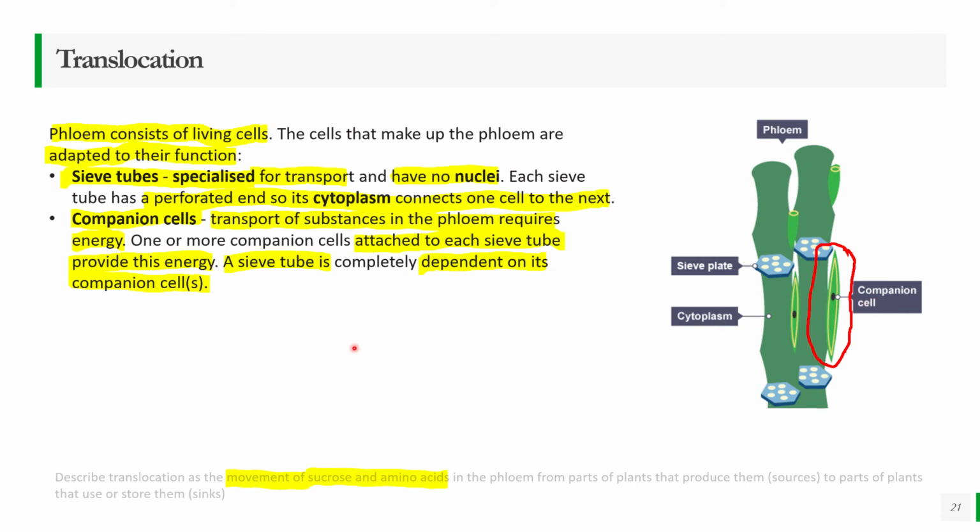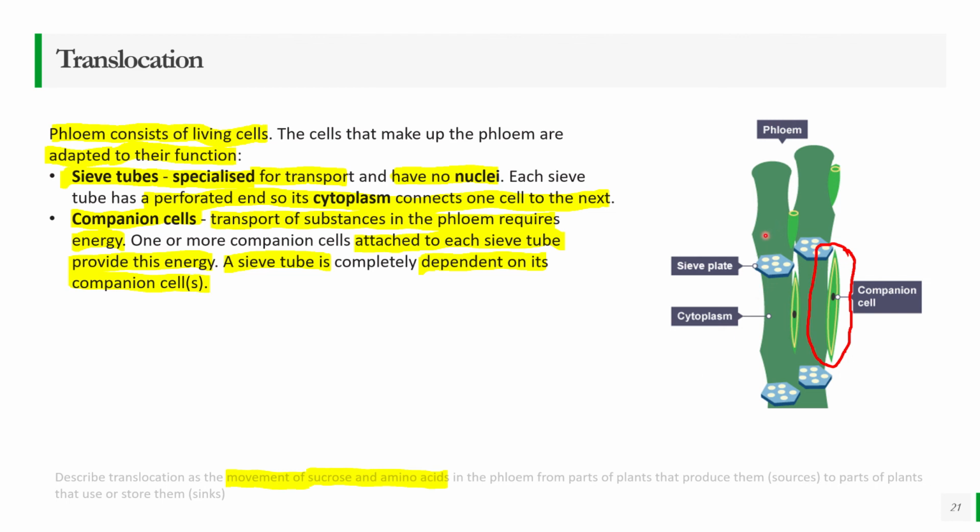Okay, and what is being carried inside the phloem, boys? Now, so dalam syllabus lama we talked about food saja yang dibawa dalam phloem cells. But here in the new syllabus, it mentions that it is the movement of sucrose as well as amino acids. So these are the two main compounds that is moving in the phloem.